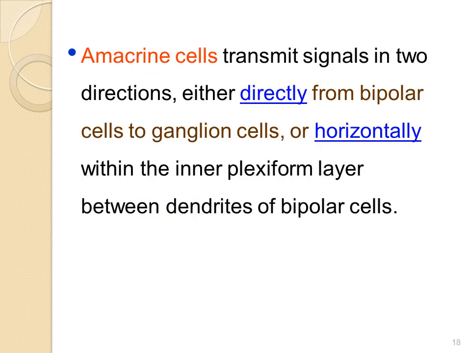Amacrine cells transmit signals in either direction, from the bipolar cells to the ganglion cells, or horizontally within the inner plexiform layer between dendrites.